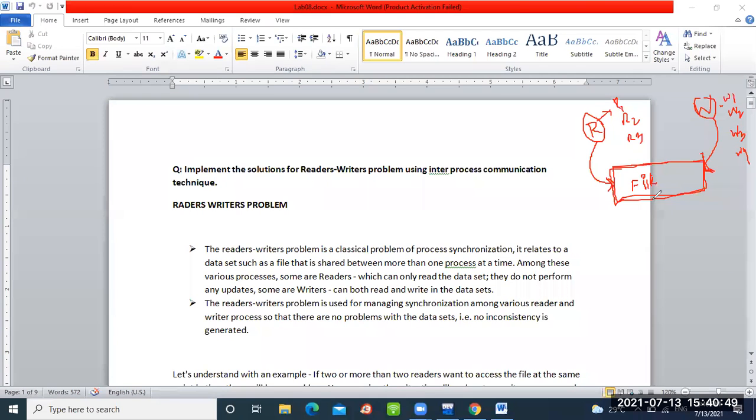Suppose the file is read and after that it is updated, then the data that was read is not the actual updated value. So I can say that this is my critical section problem. If it is a critical section problem, I will not allow both of them to access the file at the same time. So what will we do?